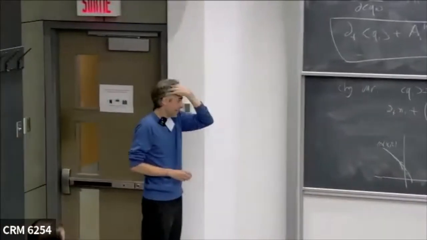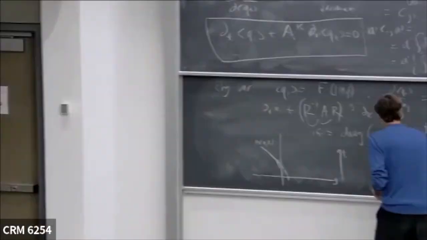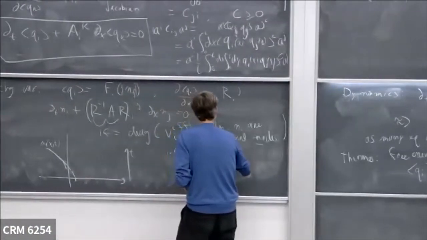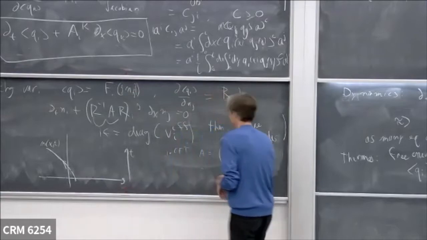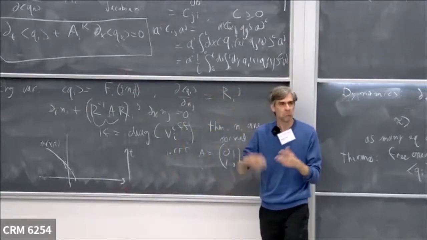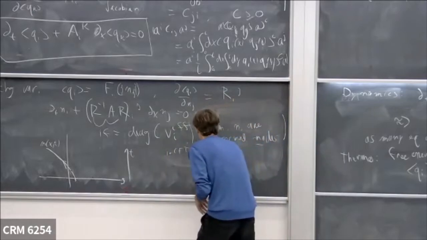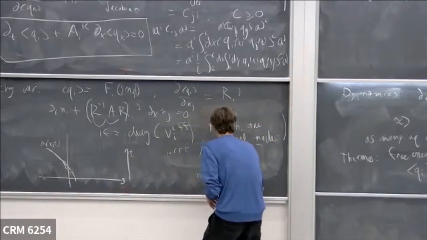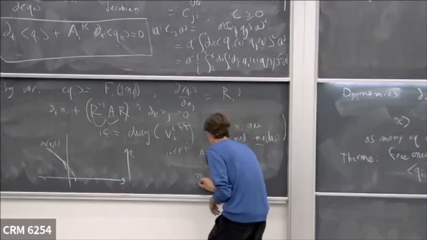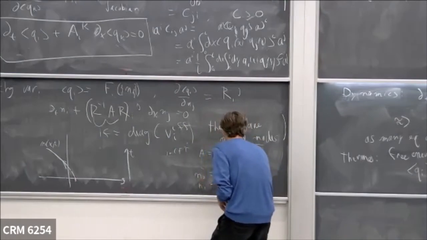In CFT, it's so simple. A is (0 1; 1 0), constant. You can do a linear transformation to diagonalize it. So n_0 is H plus P, which is just what I was calling T, and n_1 is T bar.